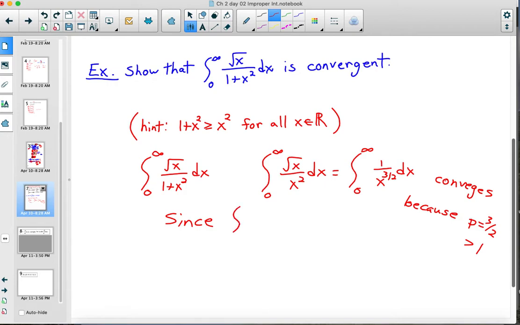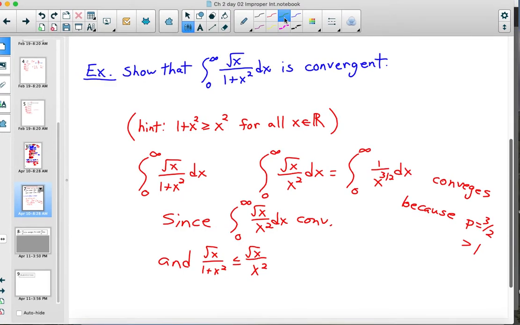So since the integral from 0 to infinity of the square root of x over x squared converges, and this function, the square root of x over 1 plus x squared, is always less than or equal to the square root of x over x squared. Let's circle this. So this one is like my f, and this one is like my g in that comparison test.